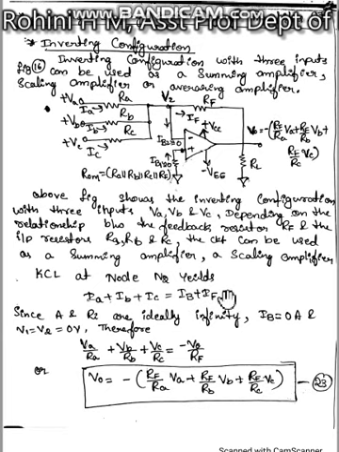These two currents are leaving. Now since A and Ri are ideally infinity, that is, the gain of the op-amp is ideally infinity and the input resistance is also infinity, because of the high input impedance there is no current flow through the op-amp. So that's why IB2 is 0.